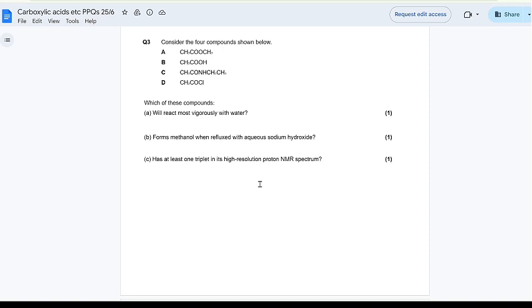Yeah, C. Hmm. I'd assume it isn't A or B, but I can't speak as to whether C or D would be more likely here.